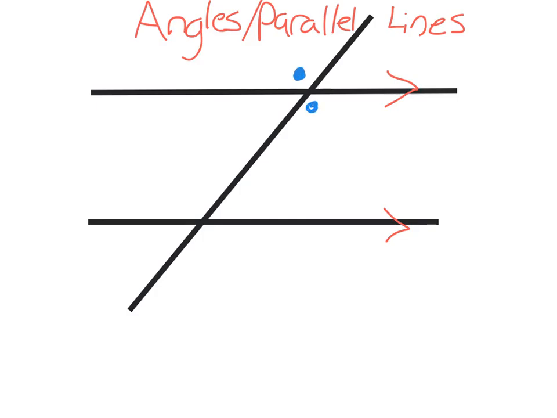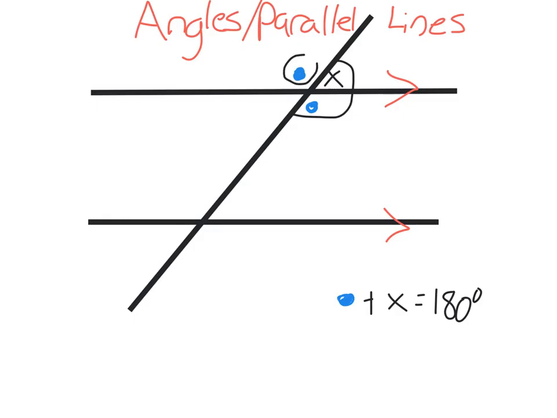The blue dot plus the black X, those two angles here, are supplementary, so they must add to 180 degrees. So blue plus X equals 180 degrees. But the same, these two angles here, X and the blue dot, must add to 180 because they're supplementary.